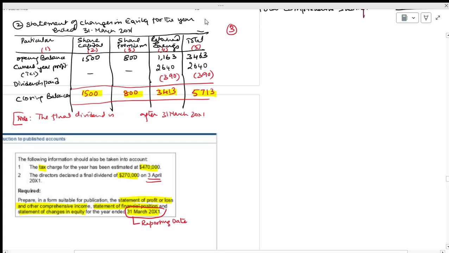It is not paid, it is declared. The dividend declared after 31st March will not be adjusted.